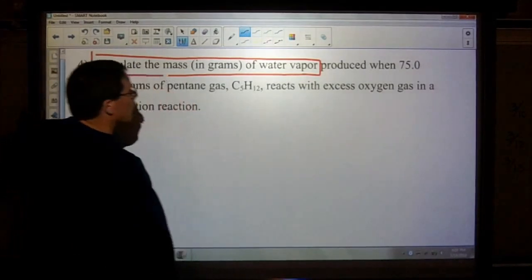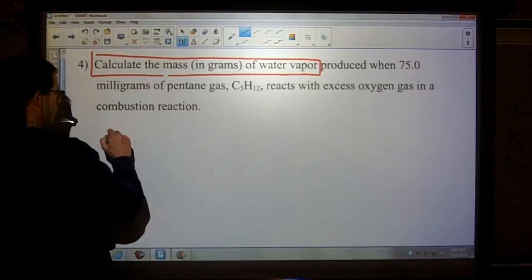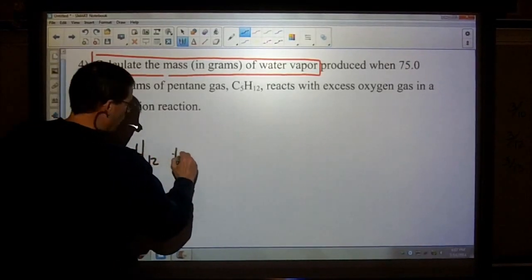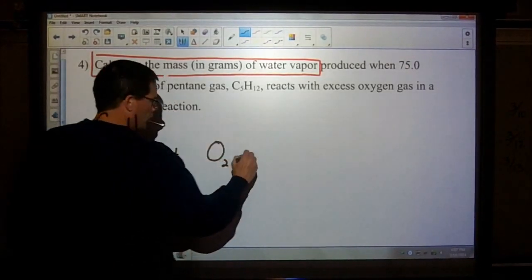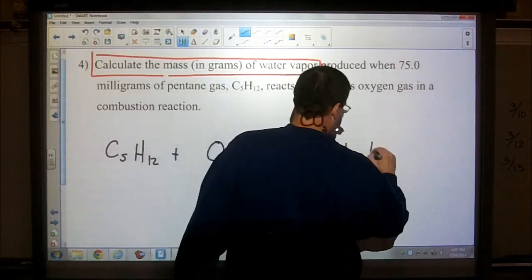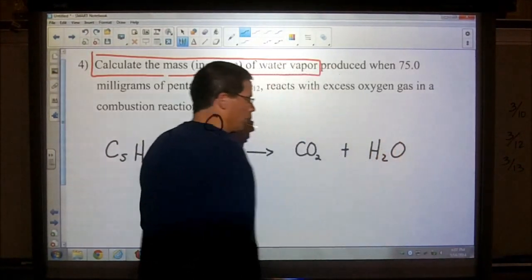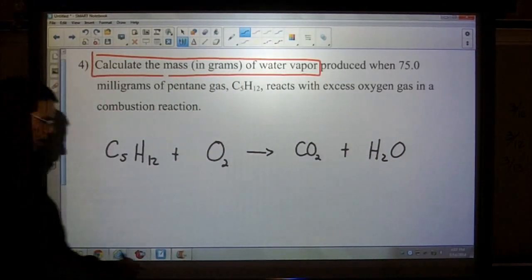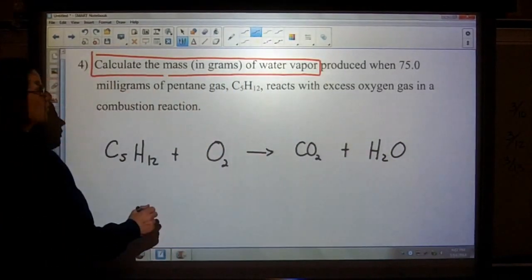So let's see here. So we have our pentane, C5H12, and it reacts with oxygen gas to produce carbon dioxide and water. Again, the same waste products that you produce. Okay? All right, so let's write down what we know before we balance or do step 1.